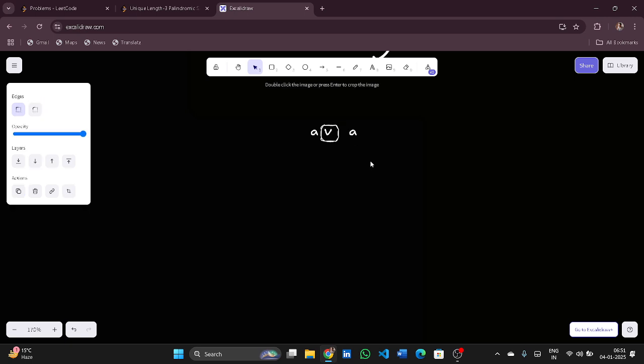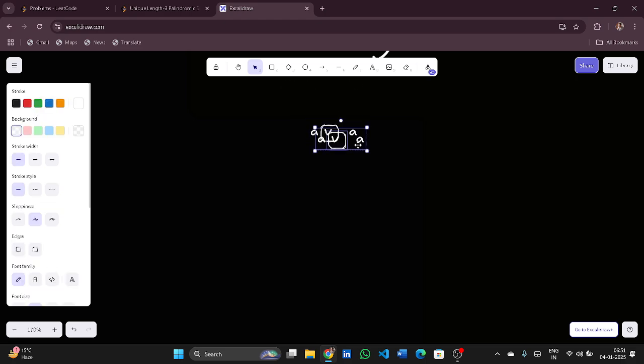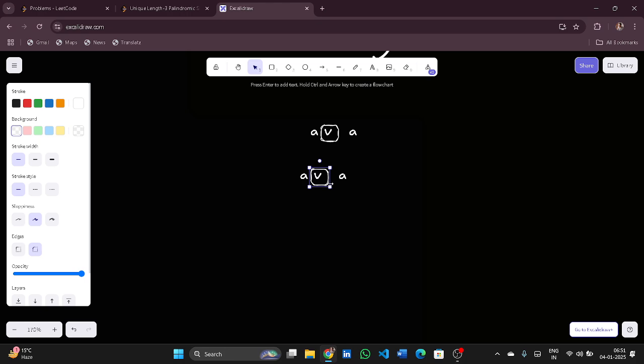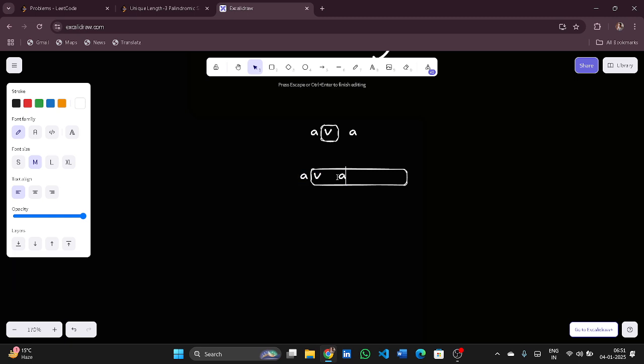But wait, what if there is something like this, where there is a blank space? This blank space is having more characters, and it is like this. So what are the characters which we can include here?